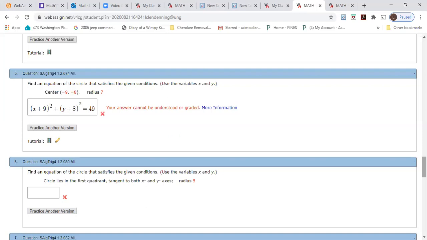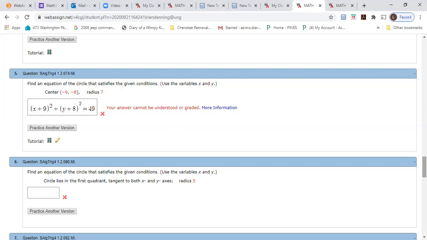Okay. All right. Let me mark this down. This is section 1.2. And I'm pretty sure there was another one where you have to write out an equation where it did the same thing. The problem is, if I remember right, I think WebAssign scrambles the questions.